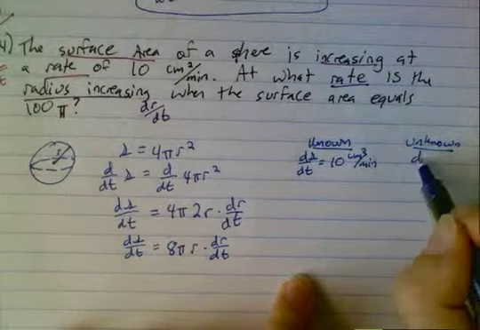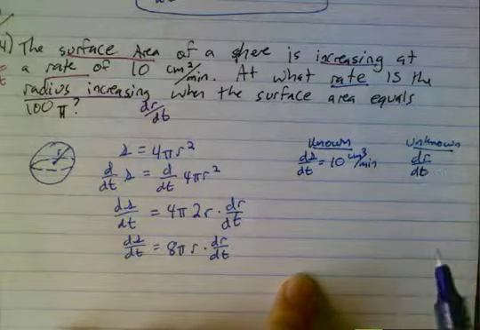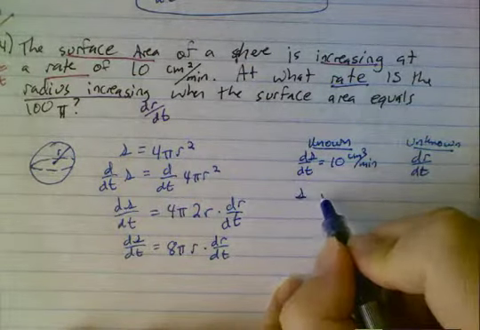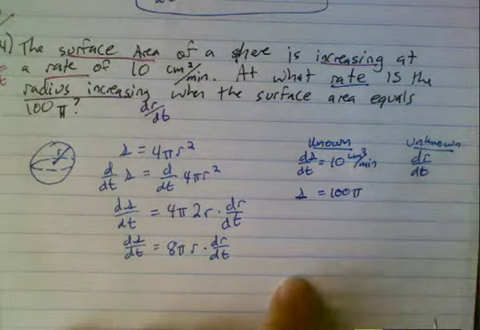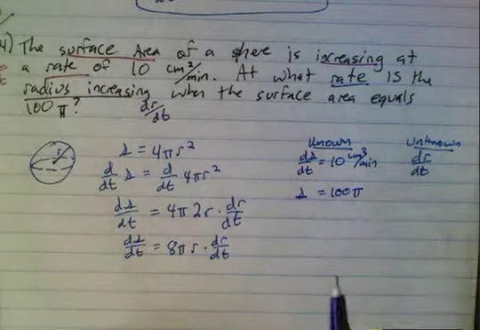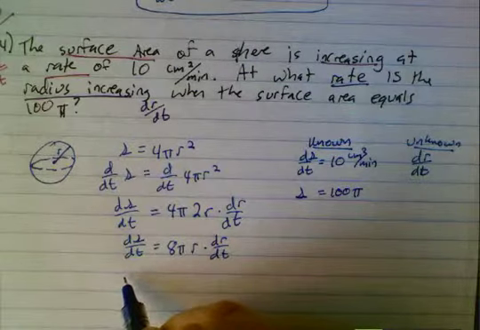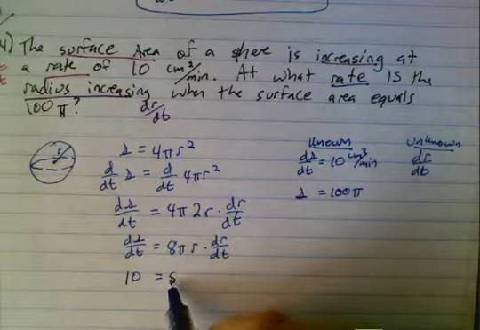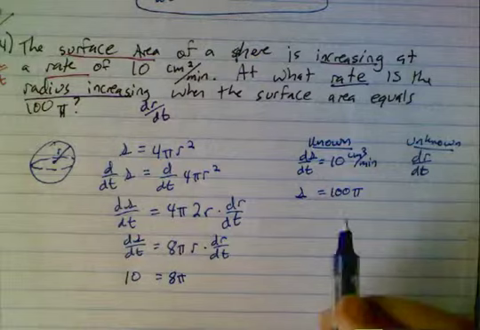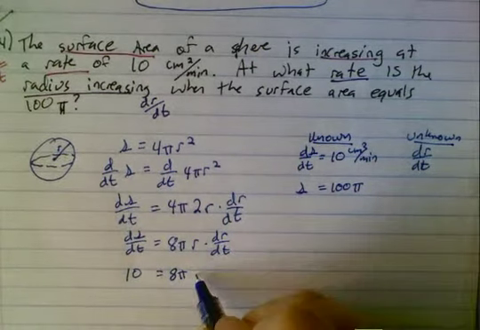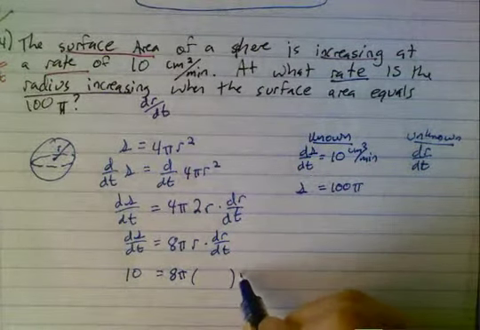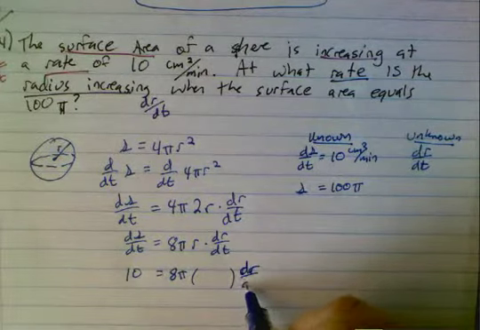Is the radius increasing? dr dt is unknown. When the surface area is 100 pi. Okay, so we come to plug these in. dS dt is 10. We've got 8 pi. Looks like we don't have r, so we're going to need to find r. And then we want to know dr dt.